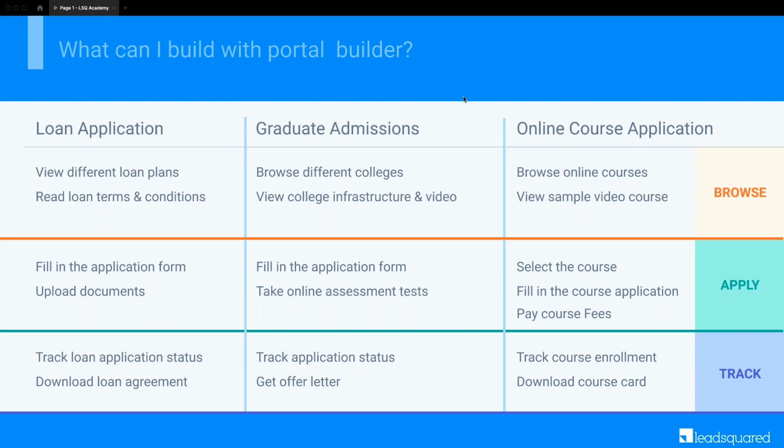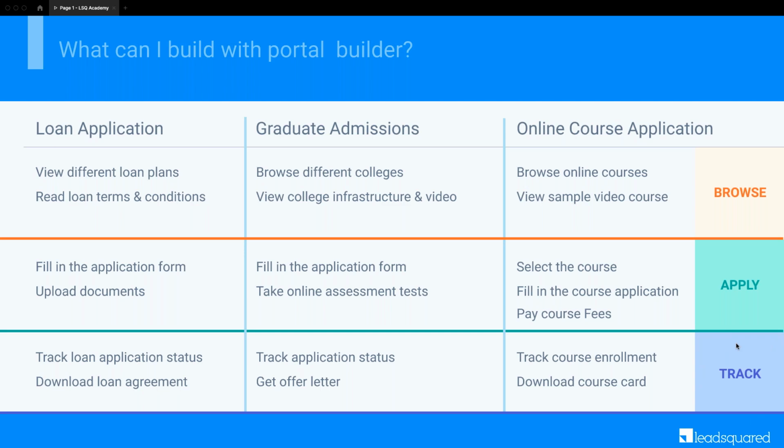Now if you evaluate all of these three cases, the common denominator, or the blueprint behind them, is that it's a three-step process. Ideally, you would want your user to browse some kind of informational content. After that, they would want to act and apply to a certain offering that your business has, and finally they would want to track that business offering.